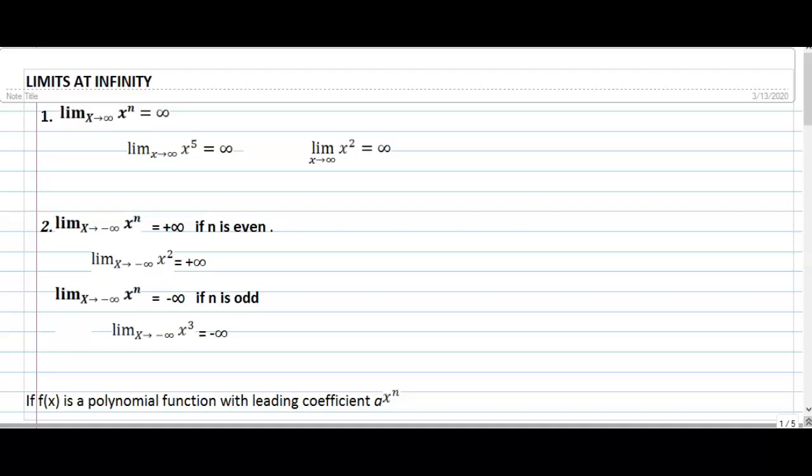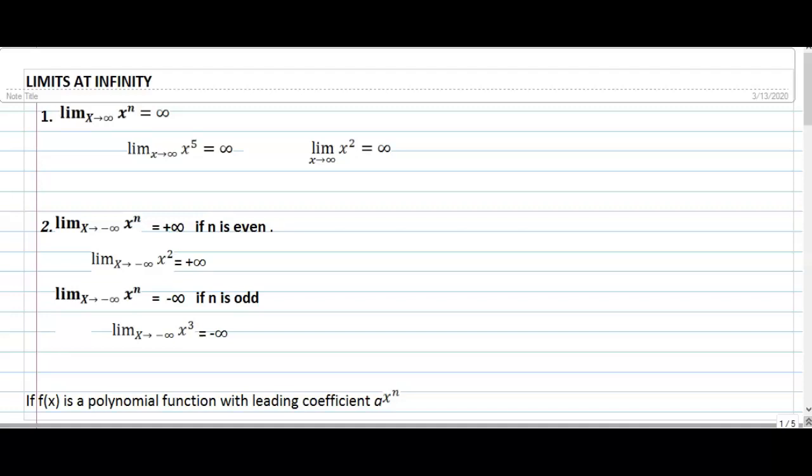It's not a specific number. X increases without bound means that x becomes infinitely large. So if you look at this, for example, the limit of x to the nth as x approaches positive infinity is positive infinity.